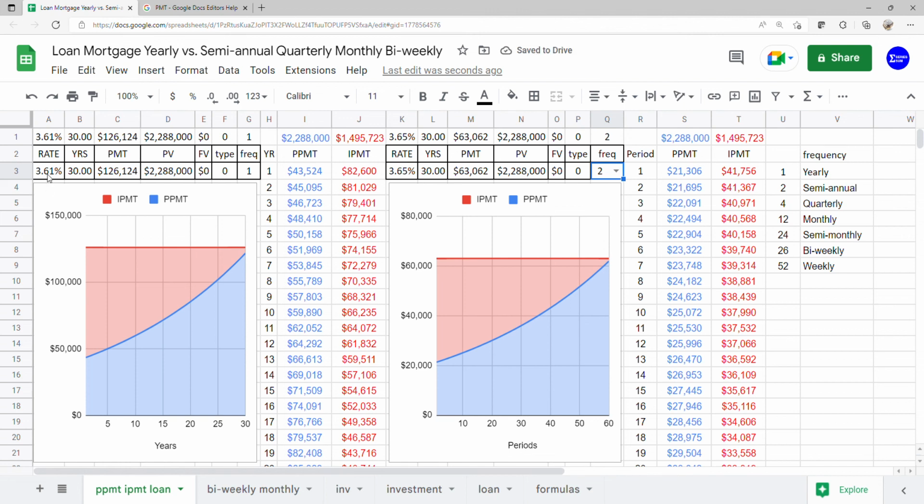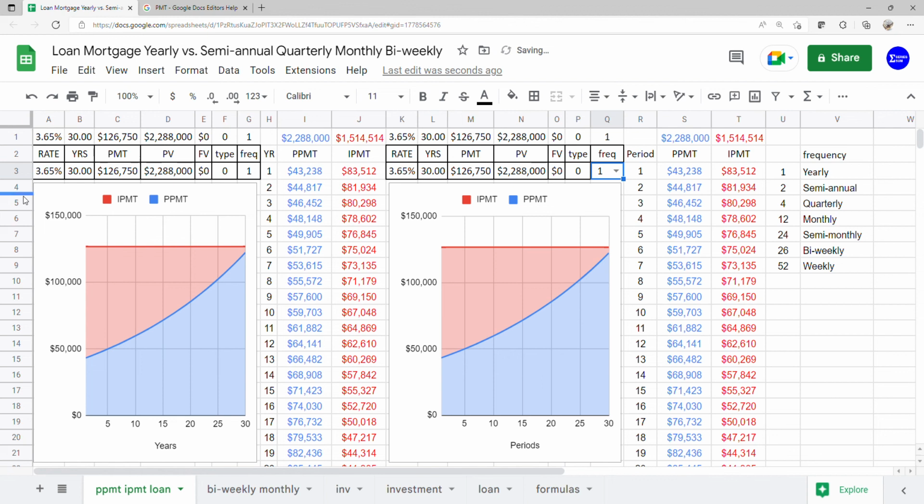Now it's getting closer to 3.65. And change this to yearly. Now they're the same, 3.65. And these values are also the same. And our rates are now the same.